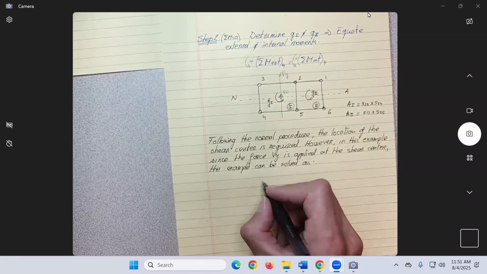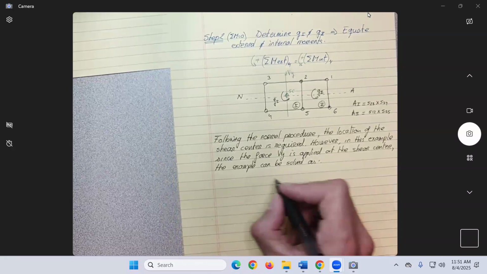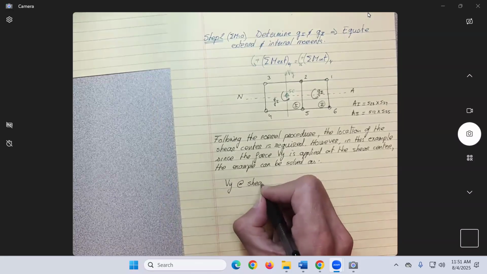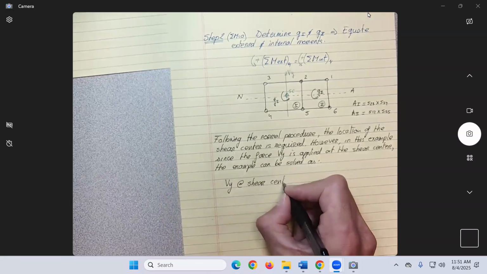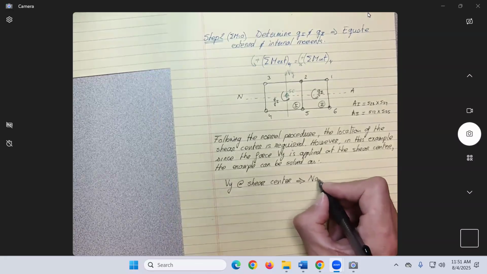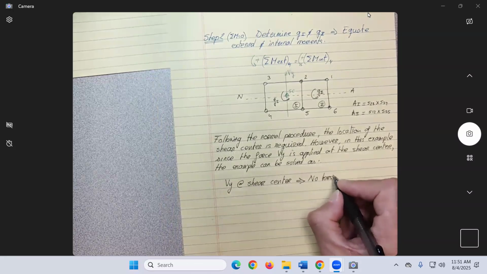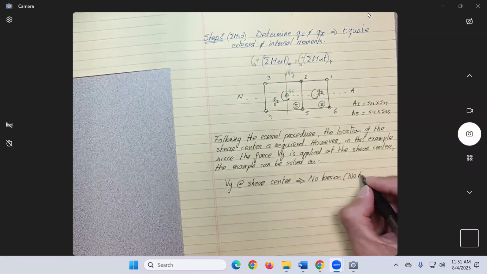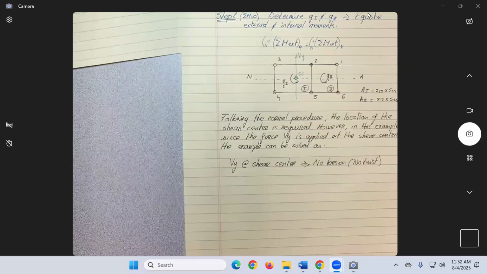saying what? Vy at the shear center, which means what? No torsion, no twist. So what does that mean?